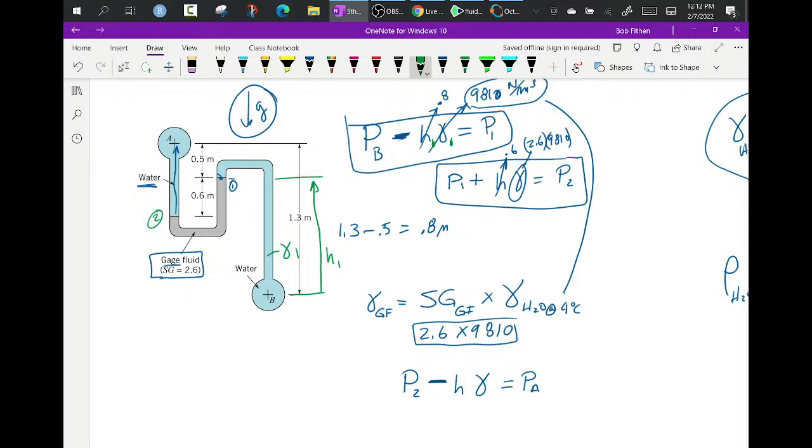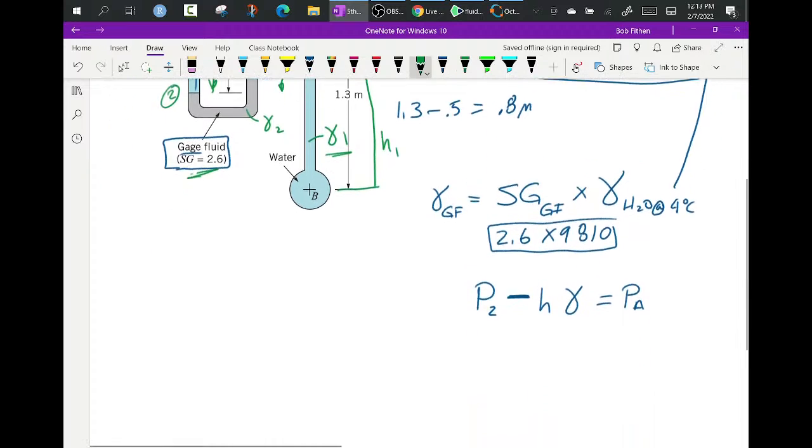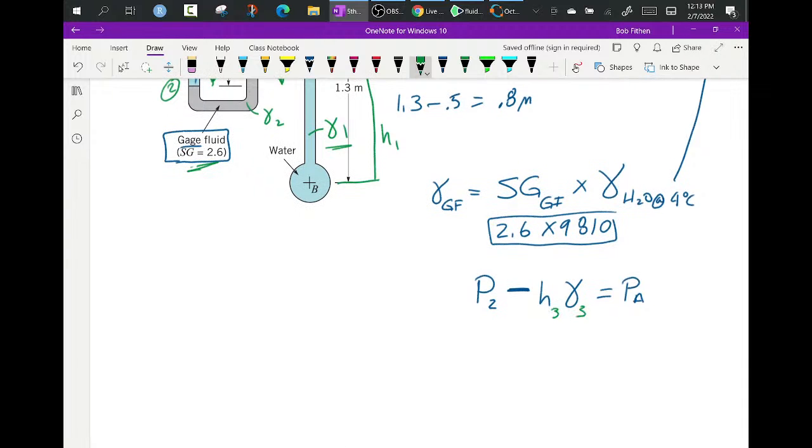I got rid of the 2 for some reason. The next step I'm going to take H2, and then the final step will be that distance, H3. And we'll call this gamma 2, which we know what it's going to be. And we know this will be gamma 3, and gamma 3 and gamma 1 are the same thing. But that makes it so that I can put subscripts on here and identify that these are actually different gammas.